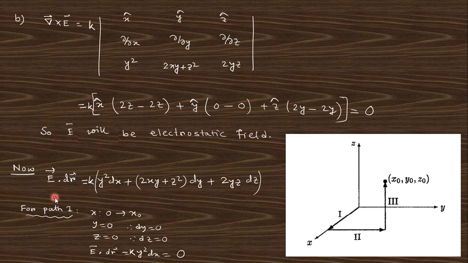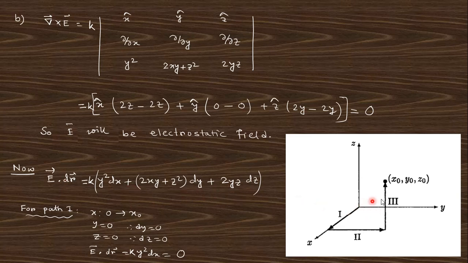For the potential, you can use the integral V equals minus the integral of E dot dl. E is given here, and dl is x cap dx plus y cap dy plus z cap dz, so the dot product will be like that.